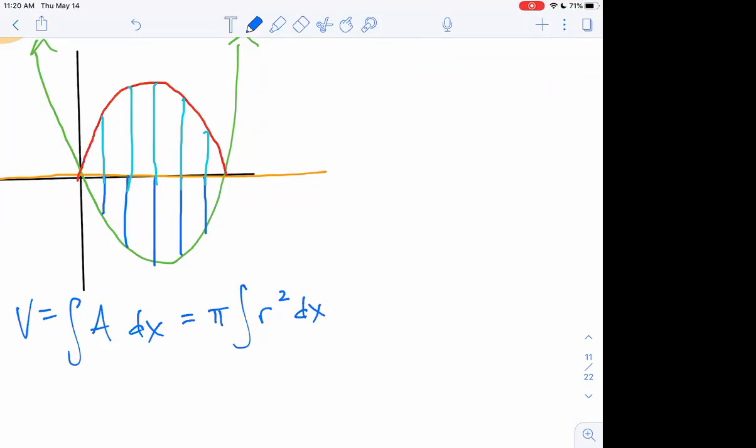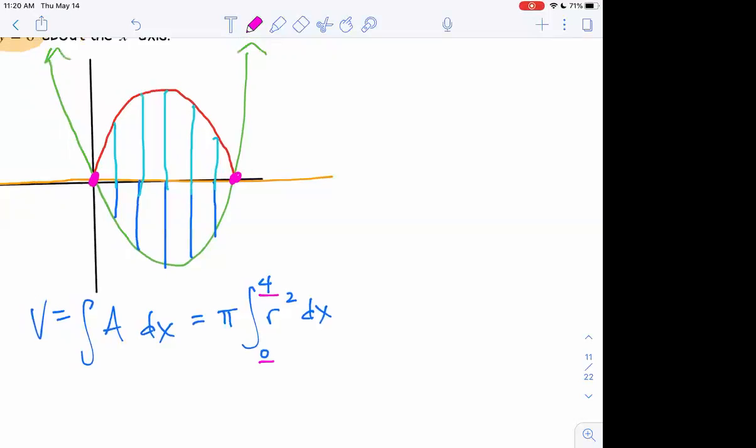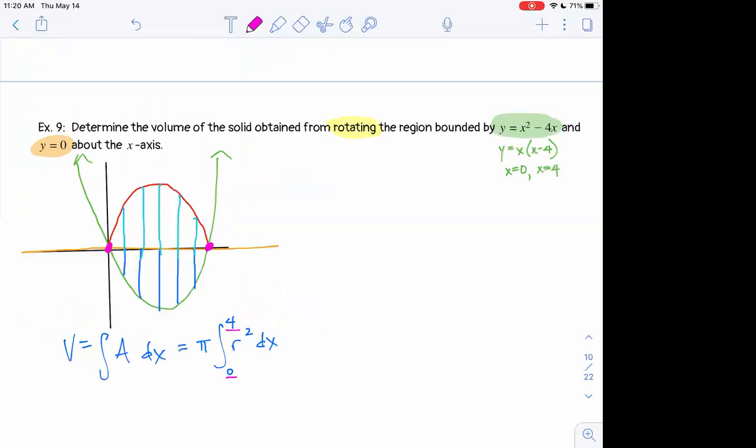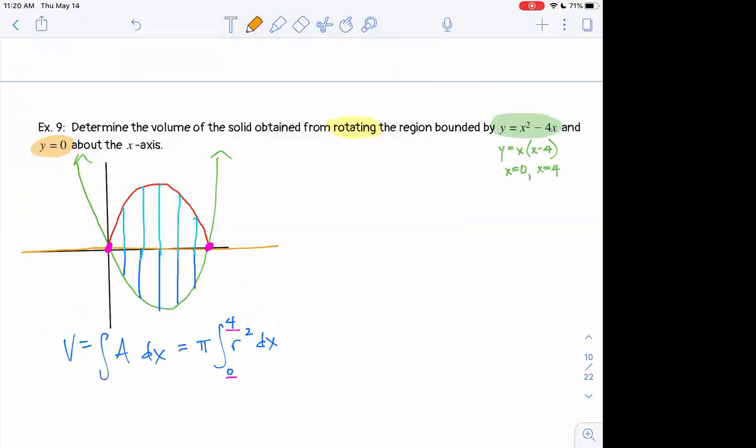And at this point, I can even put in my bounds. I can say that it's going to be 0 to 4. Okay. Now, they didn't tell me where to start and stop, but that point has an x value of 0, and this point has an x value of 4. So that's how I know I'm going to start at 0 and stop at 4. Okay, now let's figure out which one of these lines represents the radius. Okay, so I'm going to draw just my original region.